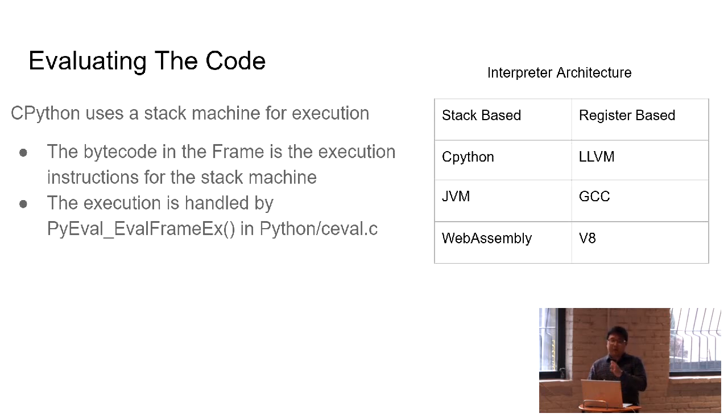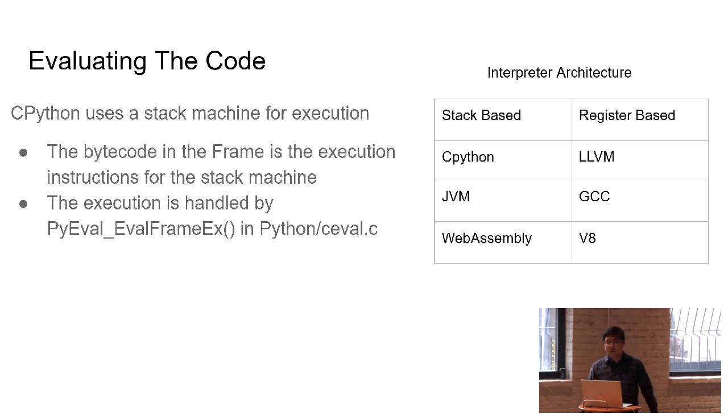And just for a little bit of comparison, stack-based machines include CPython, the JVM, and WebAssembly, while register-based machines include LLVM-compiled C or C++ code, GCC, and the V8 engine for JavaScript.